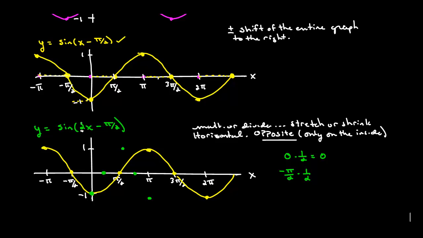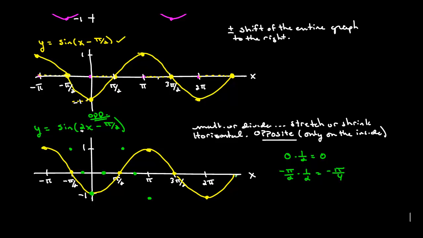It's the opposite of multiplying by 2 because we're working on the inside again, guys. So multiplying by 2, we're multiplying by a half. If there was a 3 here, we'd multiply by 1/3. If there was a 10 here, by 1/10. If there was a 1/5 here, by 5. Multiply by the reciprocal. So this guy moves to negative pi over 4. And this guy moves to negative pi over 2.